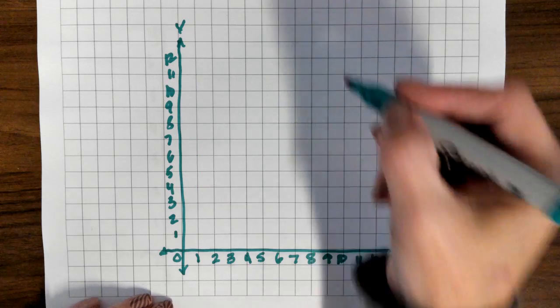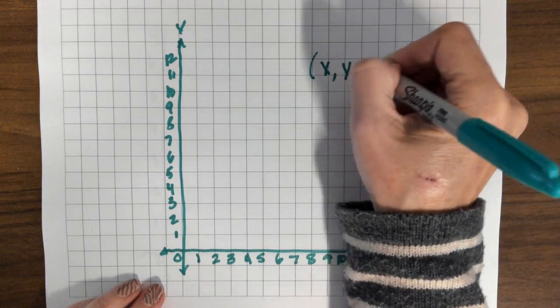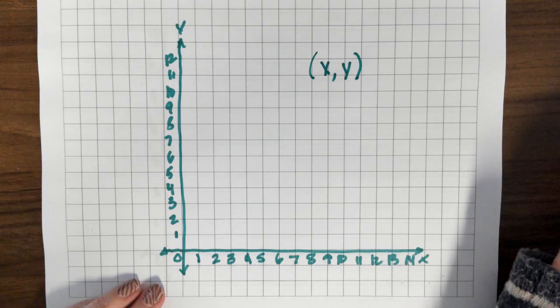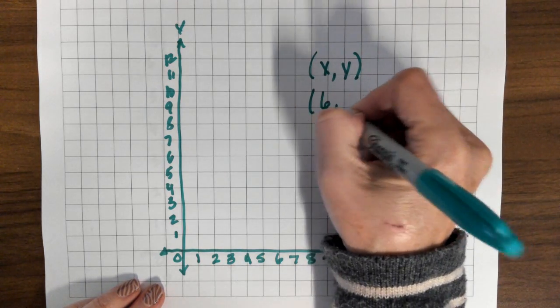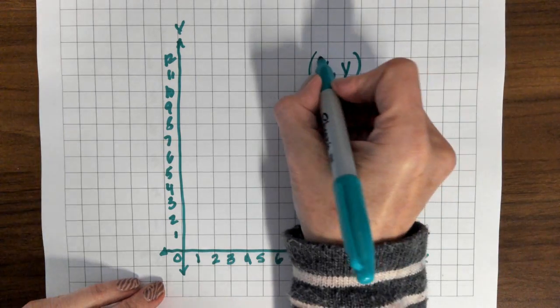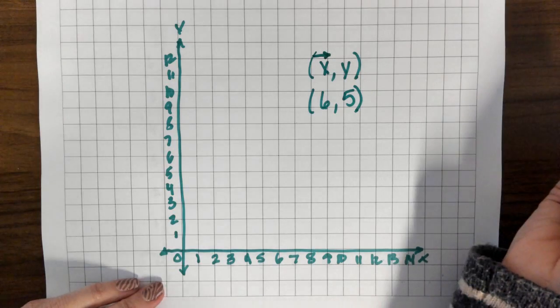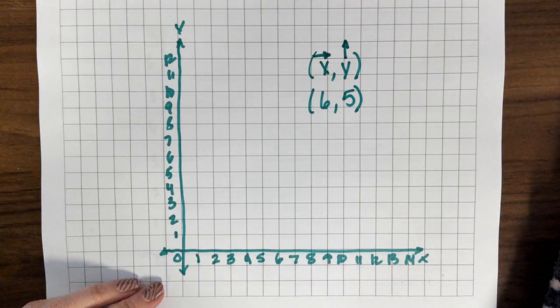So our coordinates, or our ordered pairs, are always set up as x, y, with a comma between them. So we're going to graph 6, 5. And we always talk about that the x is our horizontal movement and the y is our vertical movement.